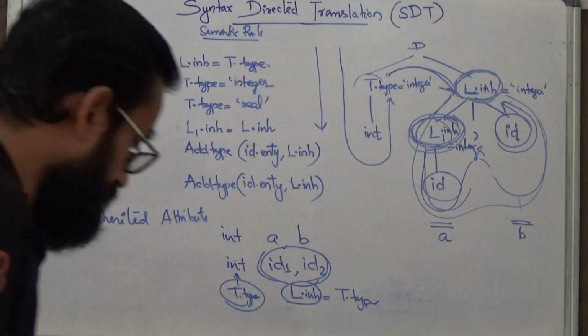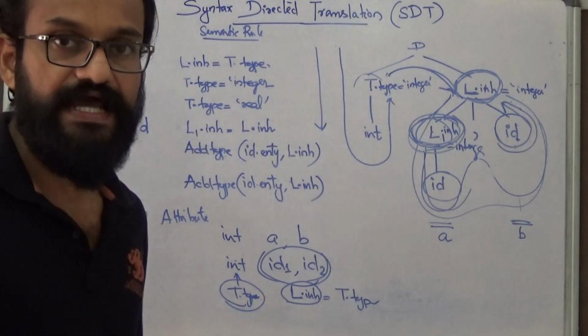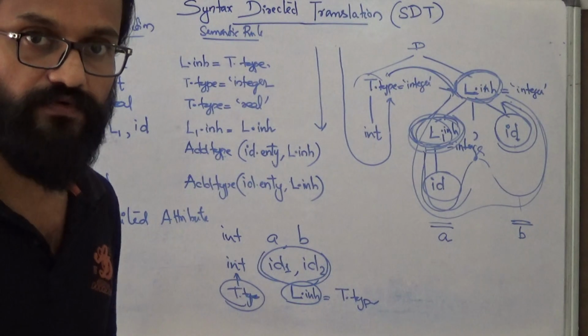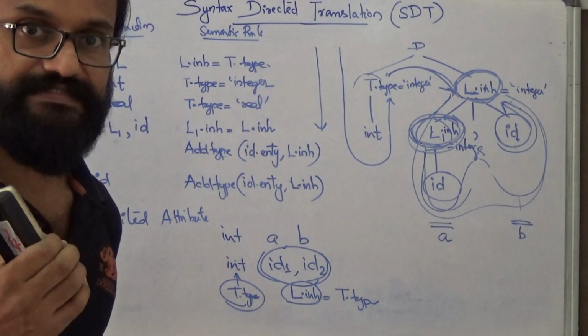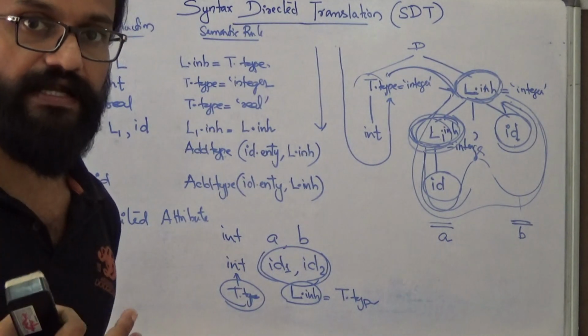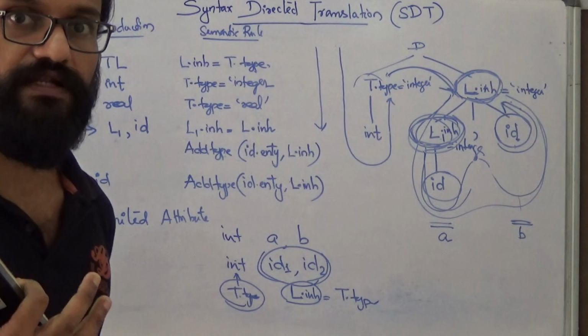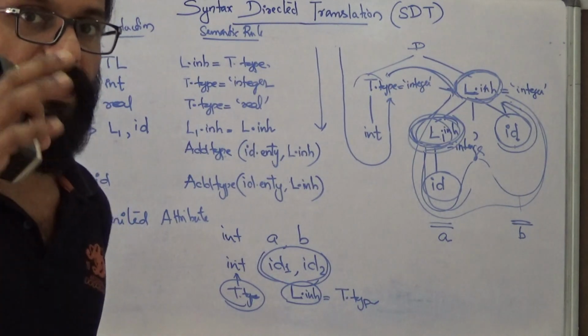In this way we can differentiate the attributes into synthesized attributes and inherited attributes. A synthesized attribute always gets its value from its children. An inherited attribute will get its value from the sibling or from the parent.